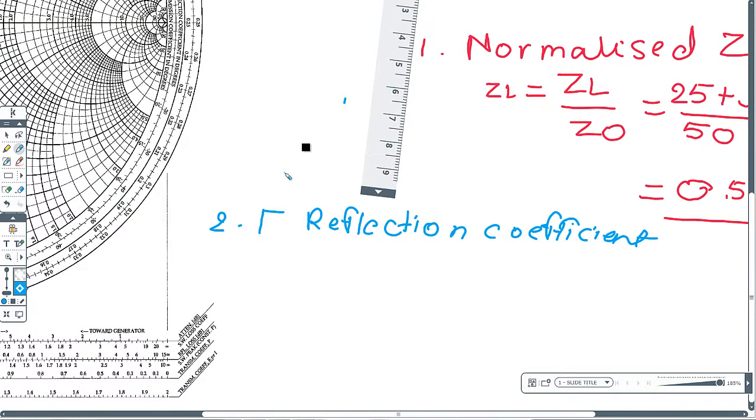So we get the reflection angle here, 83 degree, but how to calculate the magnitude value?